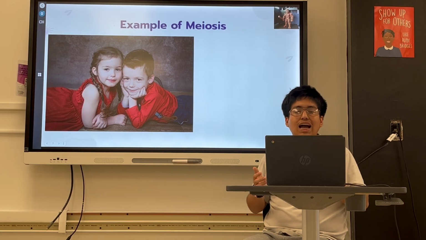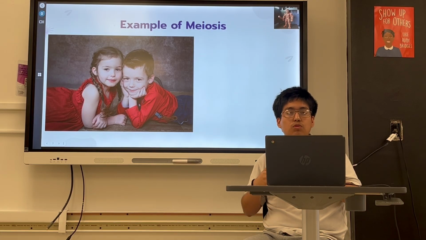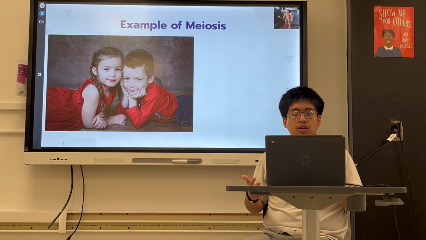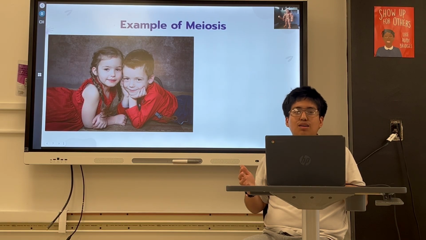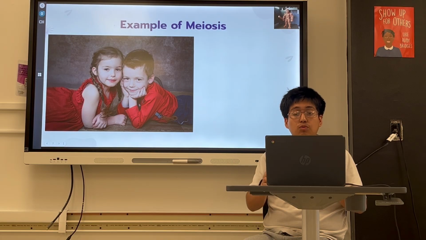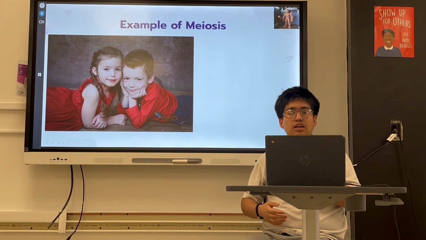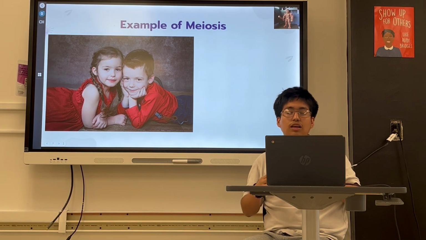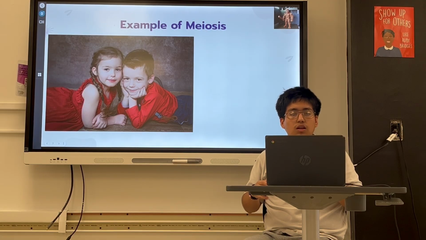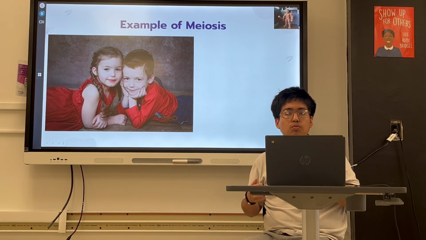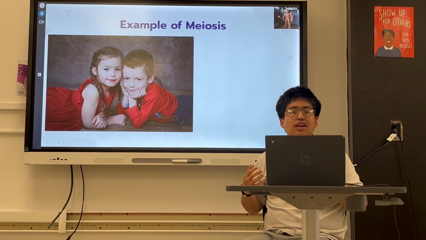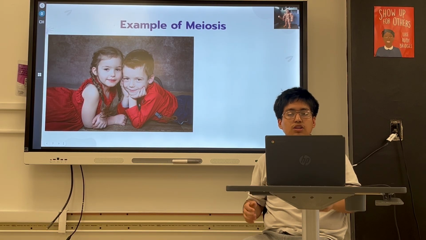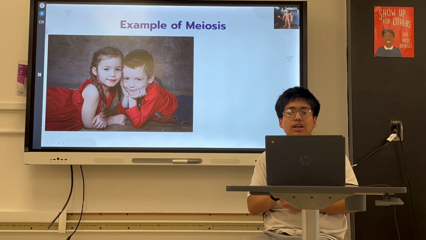You ever wonder how, even though we're born from the same parents, we still look different? This is the greatest example of how meiosis works in the real world. You and your sibling will almost never be genetically identical due to meiosis. Processes like crossing over and independent assortment shuffle genetic information, creating unique combinations of genes in sperm and egg cells.